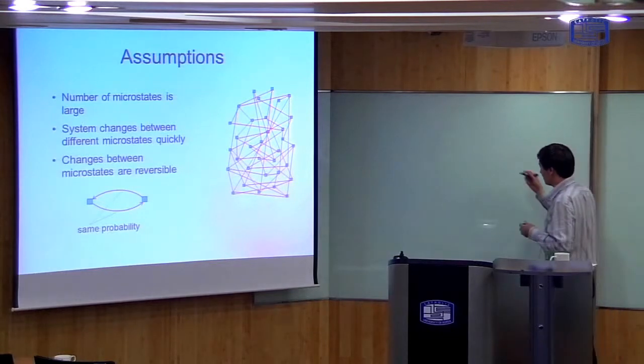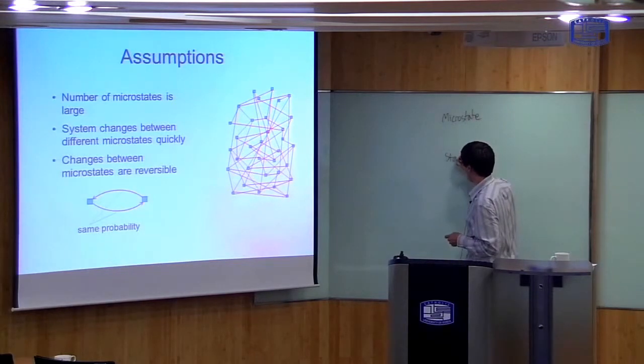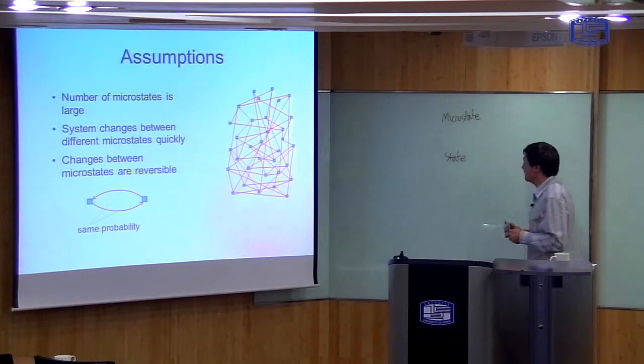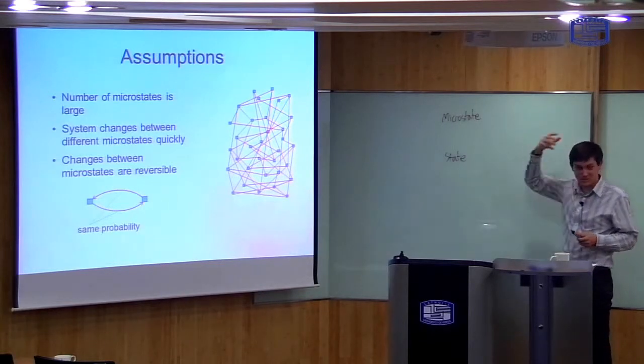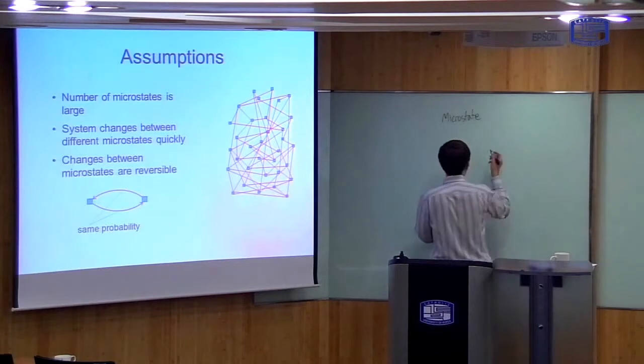So there are 2 terms which are very important. The first one is the microstate. The second one is the state. Microstate is a complete specification of every particle in the system. So I tell you everything there is to know about the system.